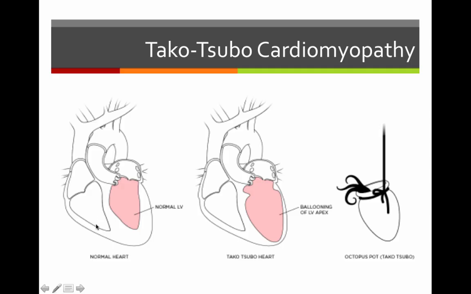So here on the left we see a normal left ventricle, thick muscular wall here. And then when you have the myopathy appear, that muscular wall just weakens and thins, and you have this ballooning. This is that apical ballooning, and it looks like that octopus pot.